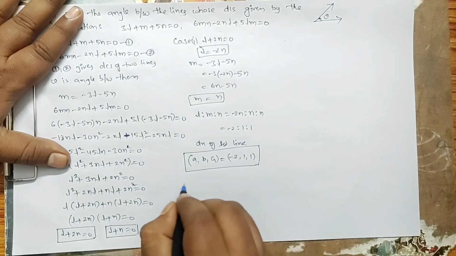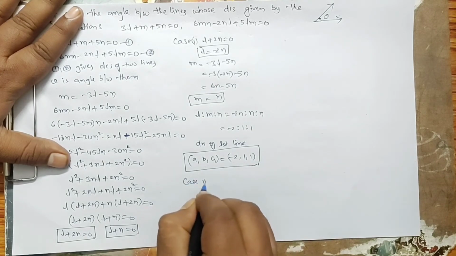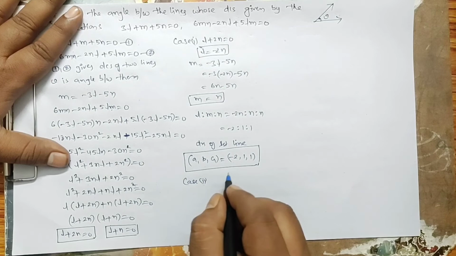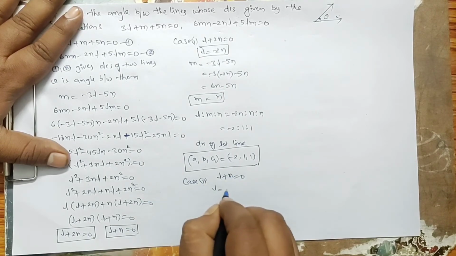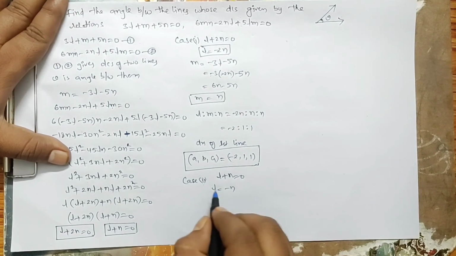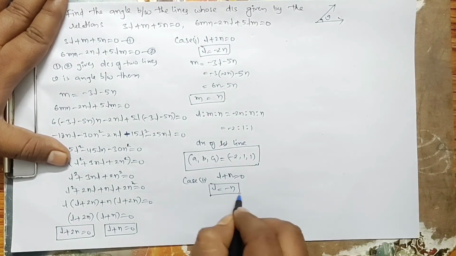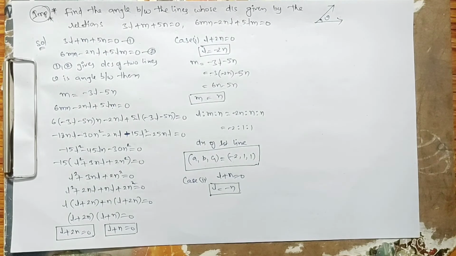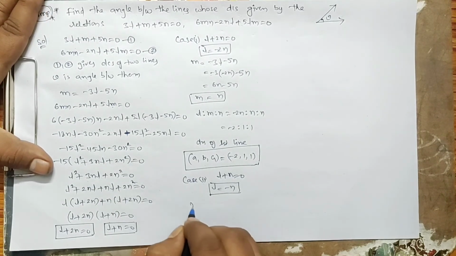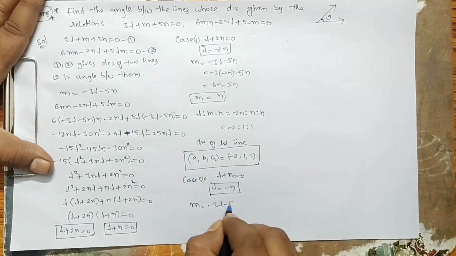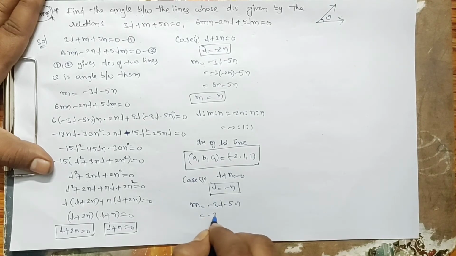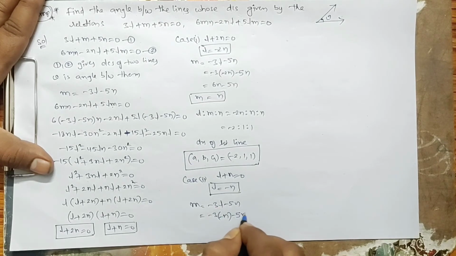Next, case 2. Here l plus n is equal to 0, then l is equal to -n. Here we got the l value, and from equation 1, m is equal to -3l minus 5n, which is -3 into -n, minus 5n.